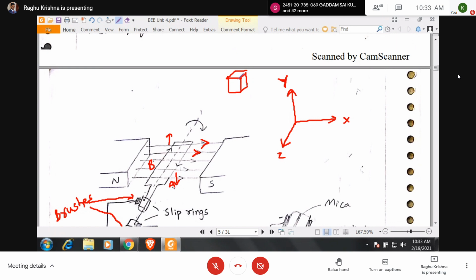If you take a cube like this, you have x-axis, y-axis, and also one more, the z-axis. So three dimensional. Let us take three dimensional: x-axis, y-axis, and z-axis.